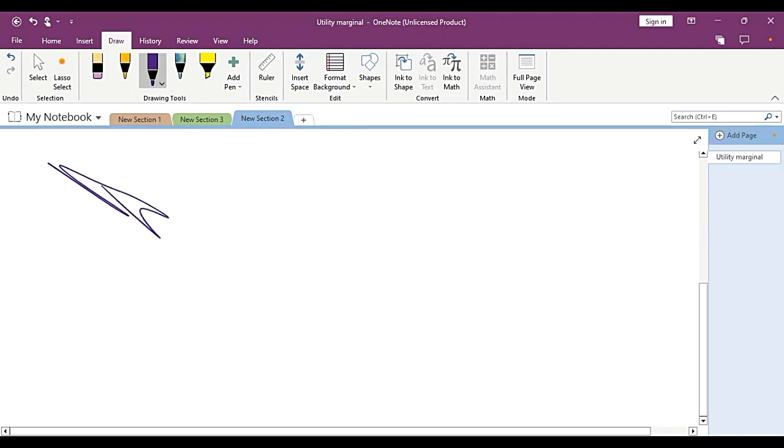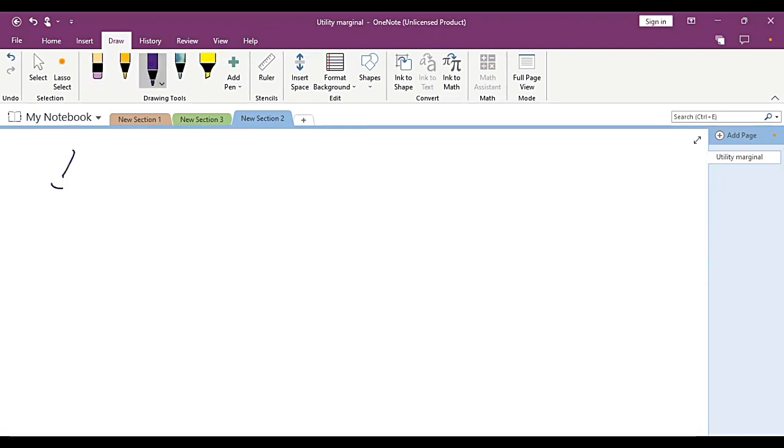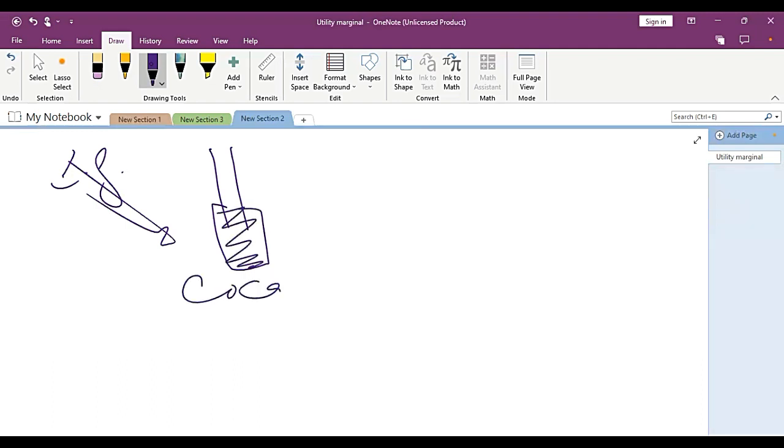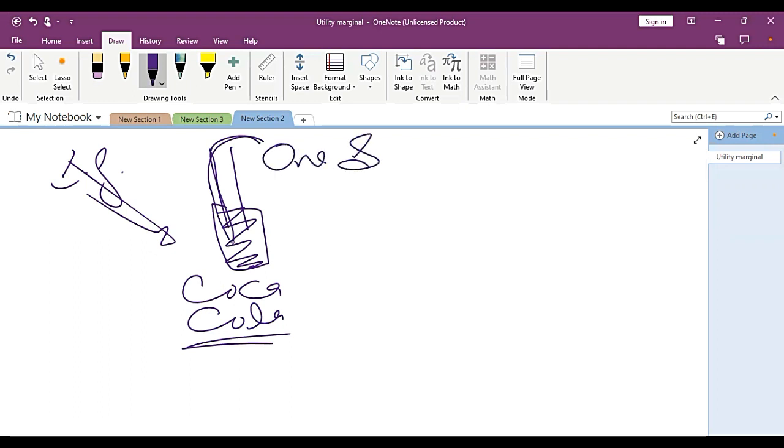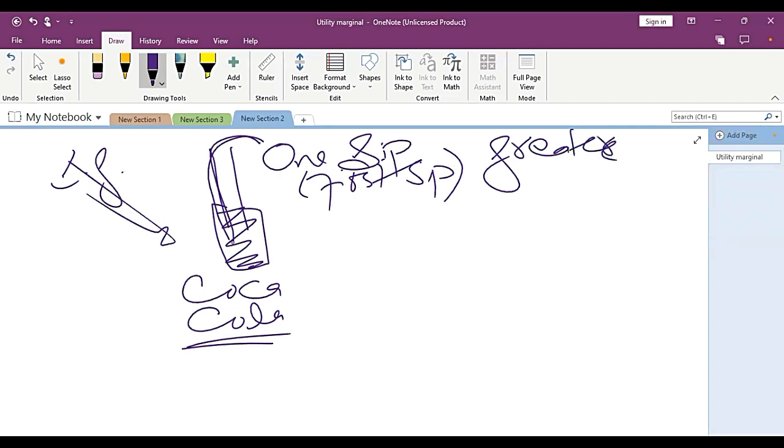Under this law, for example, if you are drinking a bottle, let's say Coca-Cola, the law applies that the utility from the very first sip is greater as compared to the subsequent or the next sips.